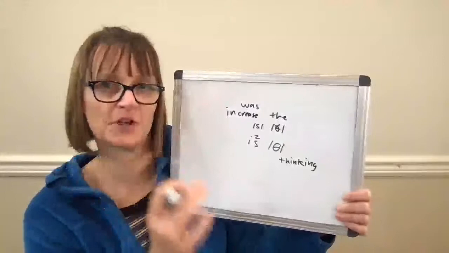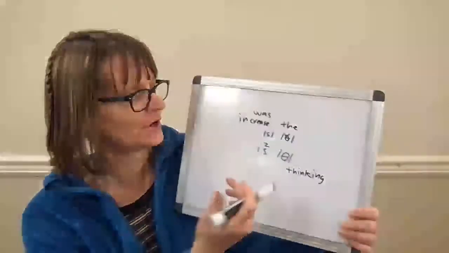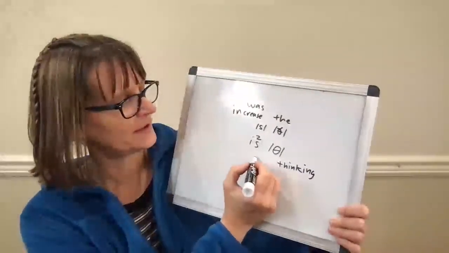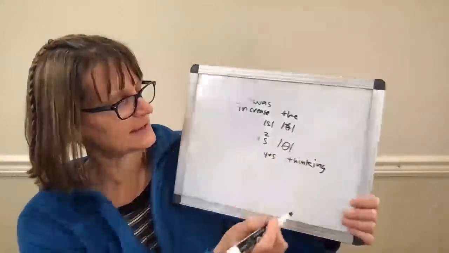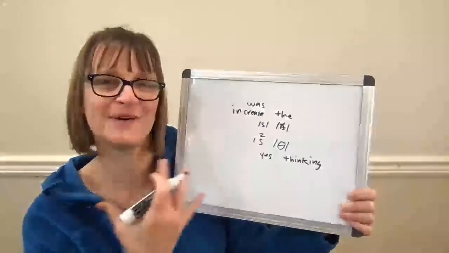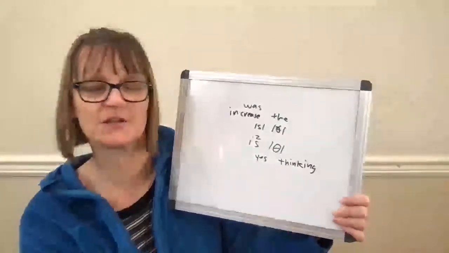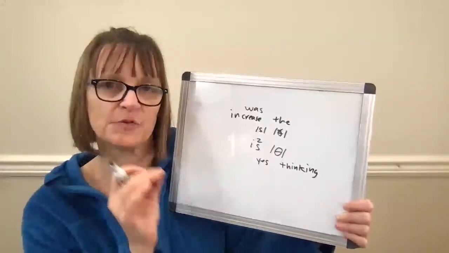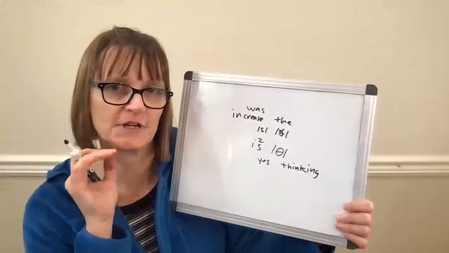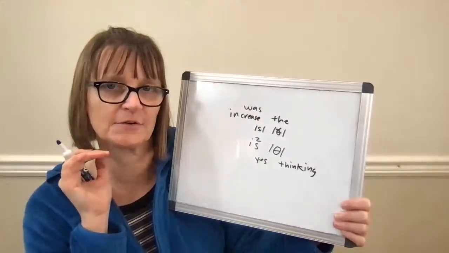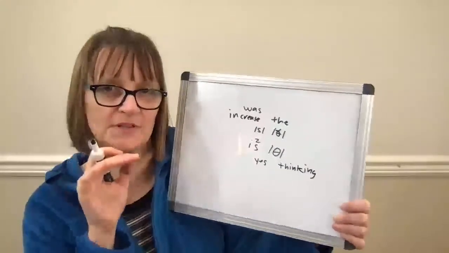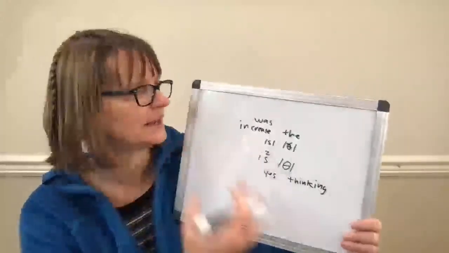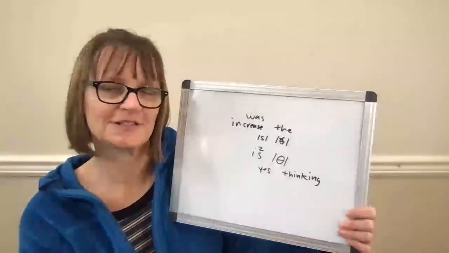I just turn my voice off and put the tongue forward. Yes, thinking. Not that we would say those together, but that's an example of an S and a TH. So basically, when you're moving from S or Z to TH or voiced TH, you're just moving the tongue from behind the teeth in the S or Z position to between the teeth in the TH position. There's no special magic to this.